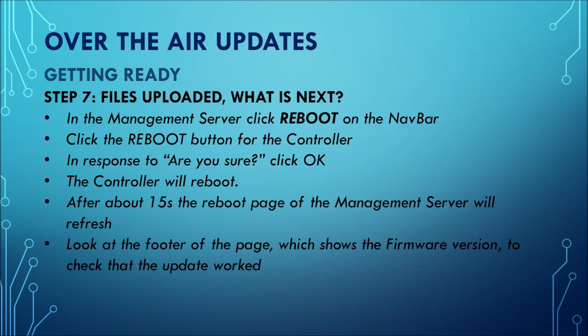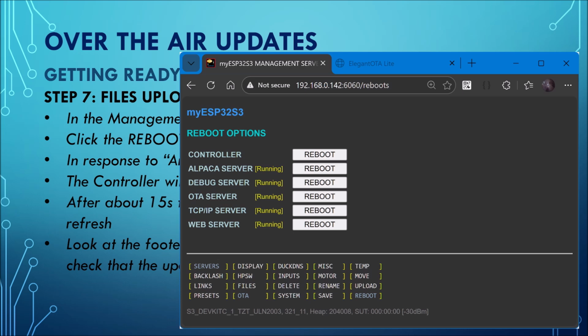Right, so what's next? After uploading the firmware, what do we do? Well, we go to the management server. I've got the OTA server running here in this window, you see. And in this one, I've clicked reboot on the nav bar, and it's brought me to this page.